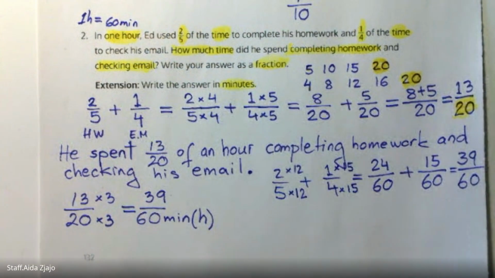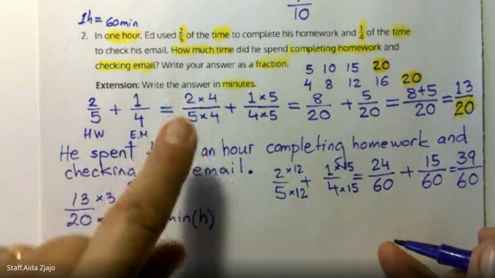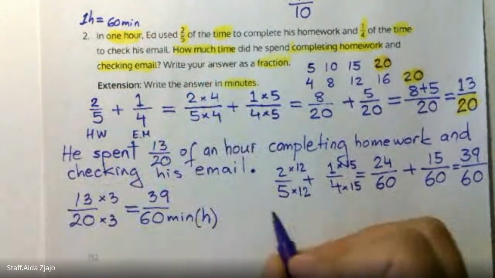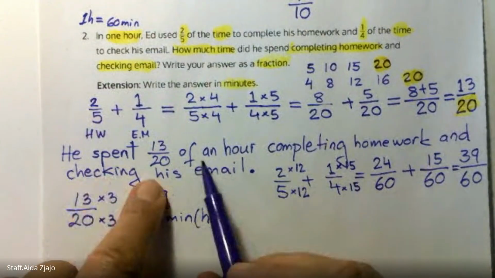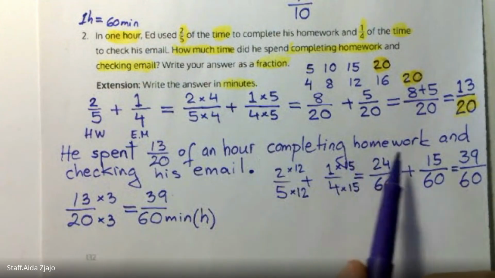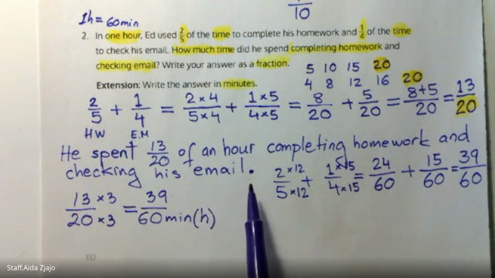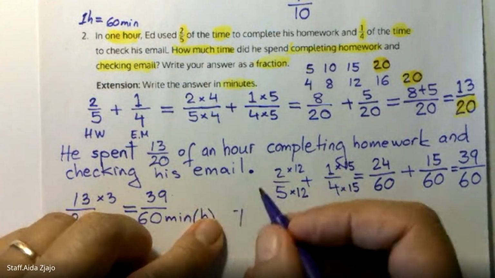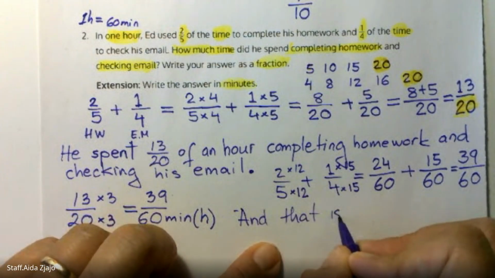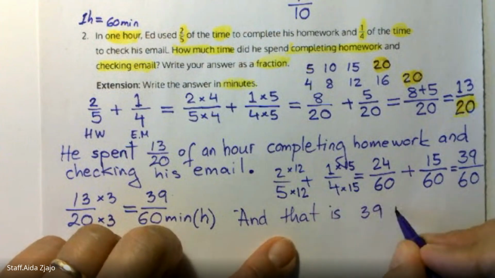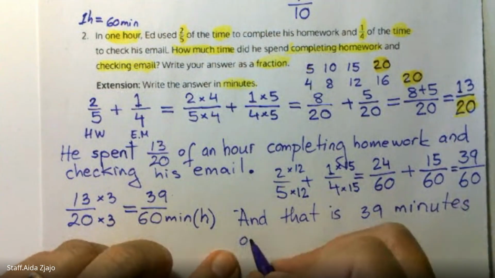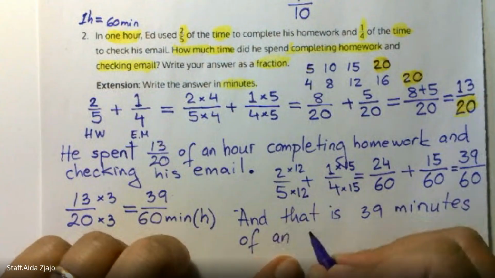That makes an hour. So, write the answer in minutes. He spent 13 out of 20 of an hour completing homework and checking his email, and that is 39 minutes of an hour.